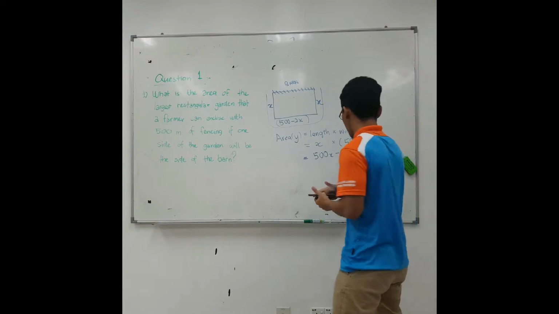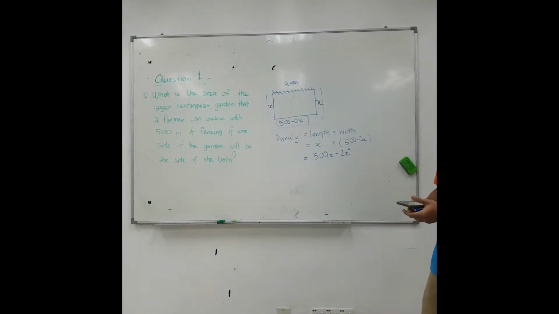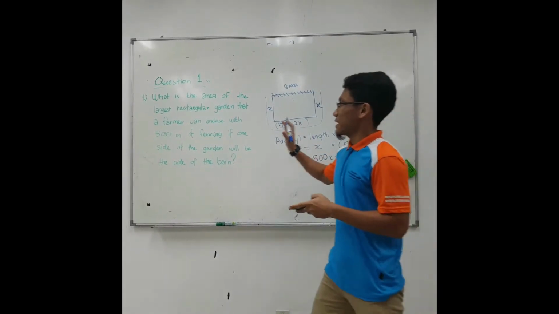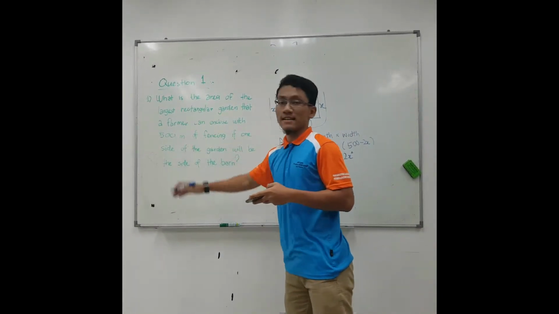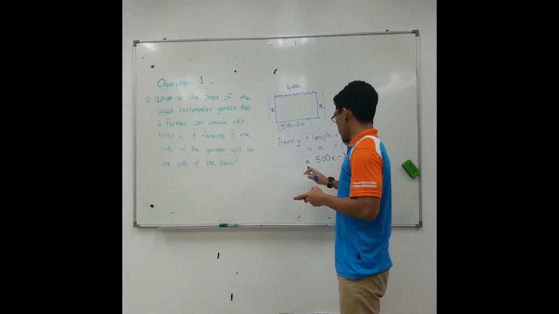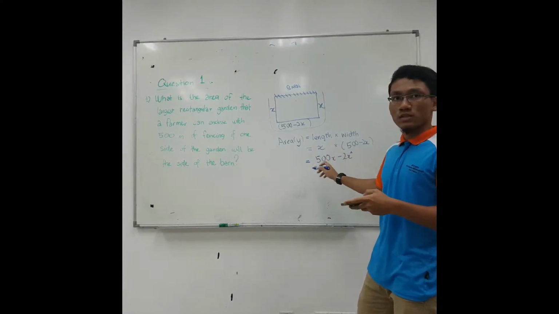Okay. So we continue with the question. The question asks for the largest rectangular area. So you need to find the maximum one. Okay. So how do we find the maximum? We derive this equation.